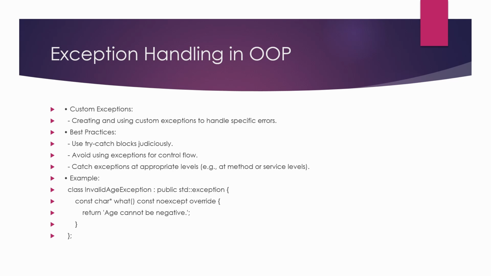This means using try-catch blocks appropriately and avoiding using exceptions for control flow. Here's an example you might create: a custom exception for handling negative age inputs in a user profile system.